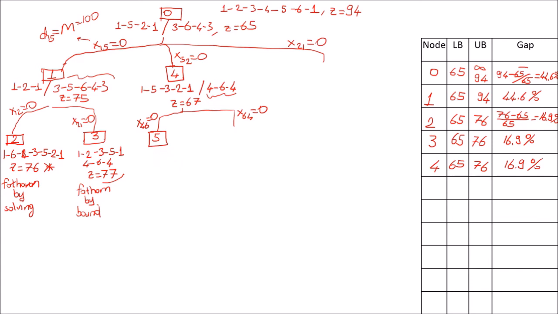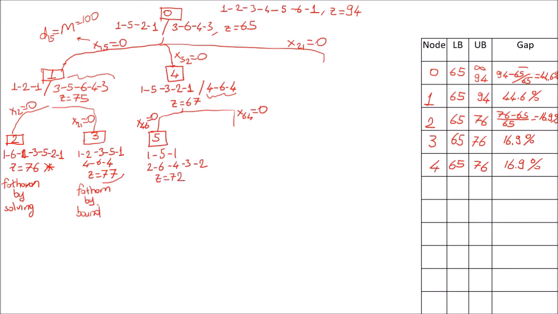So the solution that we obtain here is 1, 5, 1, and 2, 6, 4, 3, and 2. Okay, again we have two subtours, and the Z value is 72.